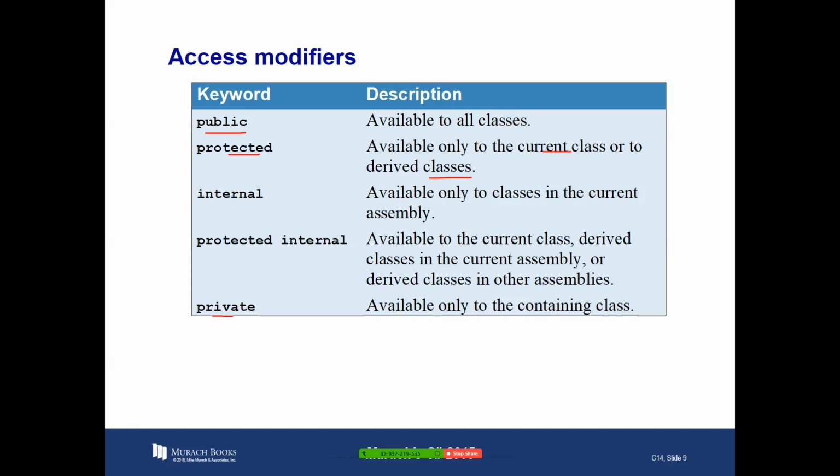So protected is like private in that it's not available to any other classes outside the base class or the derived class, and it's like public in that it's available to any derived class, but it's not available outside. There's internal, which means it's available only to the classes in the current assembly, as they say. Protected internal means it's available to the current class, derived class, or the current assembly, or the derived classes in other assemblies.